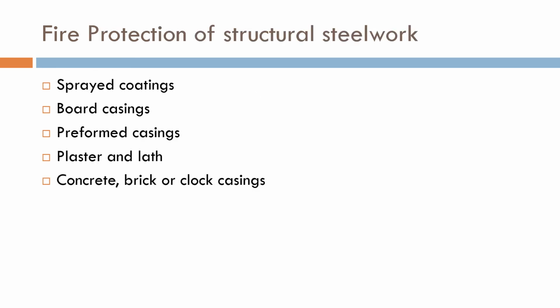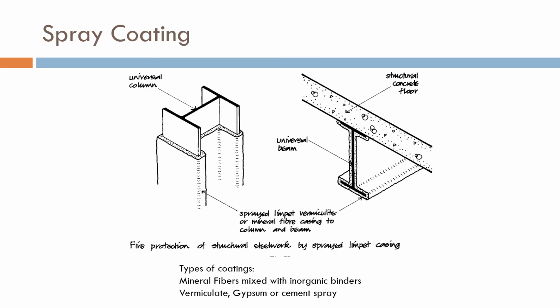Now, fire protection of structural steel work. There are sprayed coatings, board casings, preformed casings, plaster and lath, and concrete, brick or block casings. We shall discuss these. This is a universal column around which there is a sprayed vermiculite or mineral fiber casing.